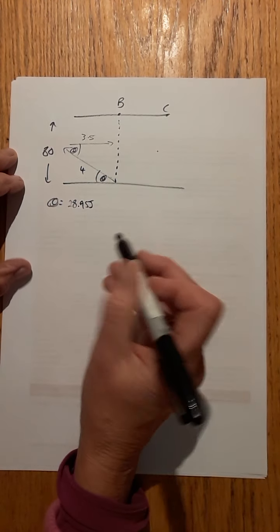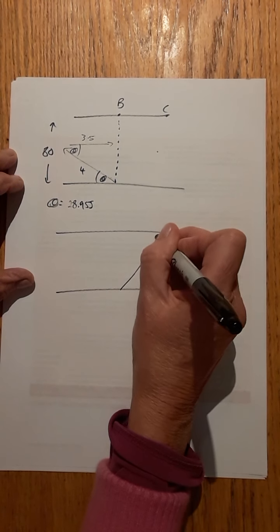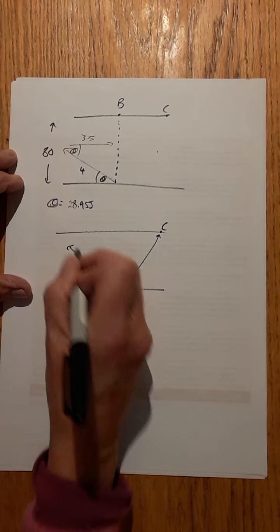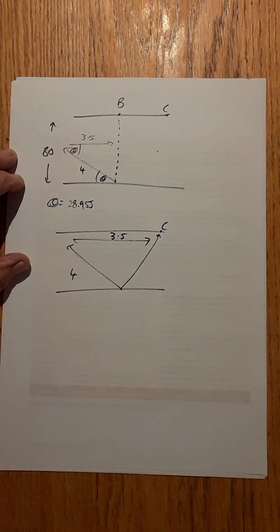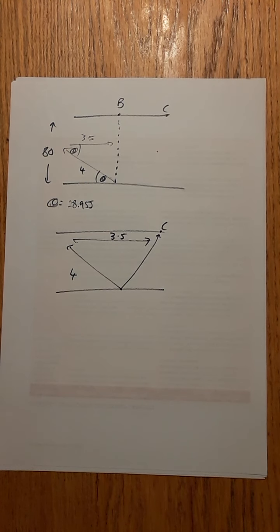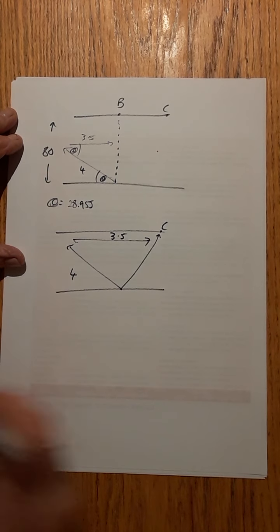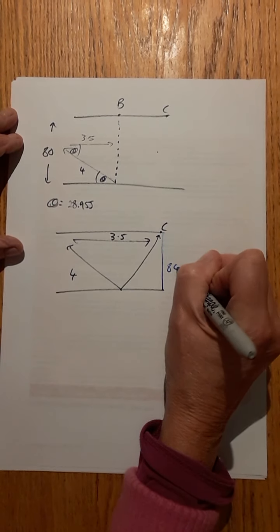Now, if she wants to go over to C, she's going to head that way because the river's going to push her that way at 4.5. Now, if I had an angle here, that would be very handy. So I'll use the distances that I have. Remember, I have a distance of 80 across.